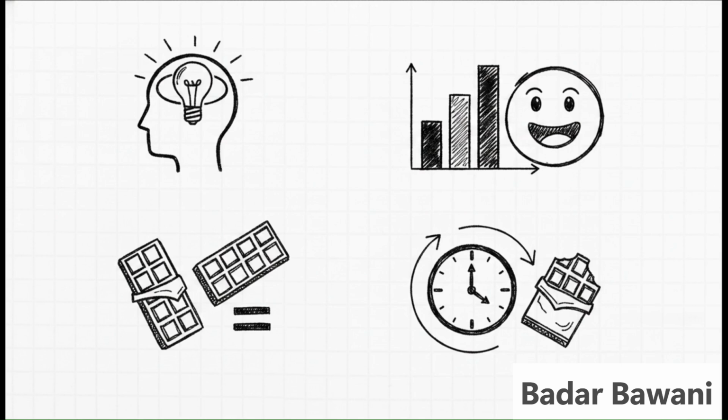Second is cardinal measurement, the idea that we can actually attach numbers to our psychological satisfaction, just like we did with the chocolate bars. Third is homogeneity, and this is a big one. It assumes every single unit consumed is exactly identical in size, taste, and quality. Because if your second chocolate bar was vastly superior to the first, your marginal utility might actually go up. And finally, continuity. The units have to be consumed in quick succession without taking long breaks.